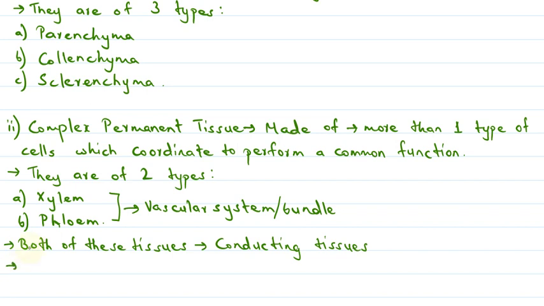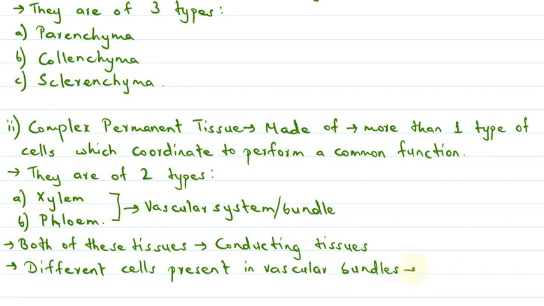So the different cells present in vascular bundles are called the xylem elements and the phloem elements.